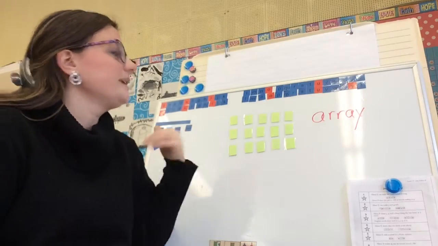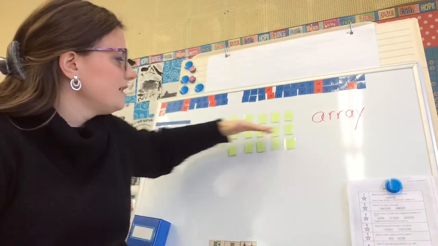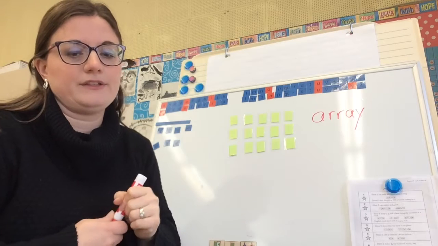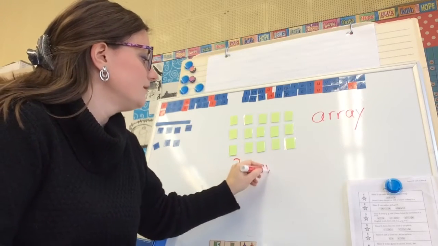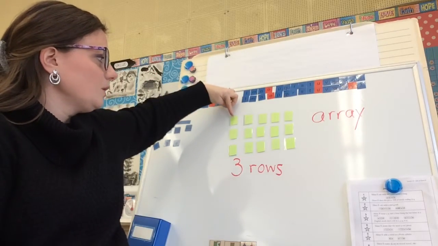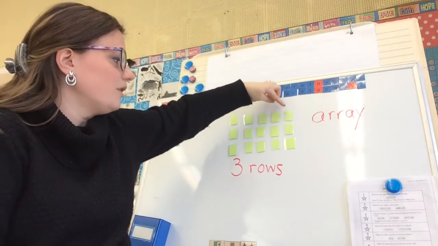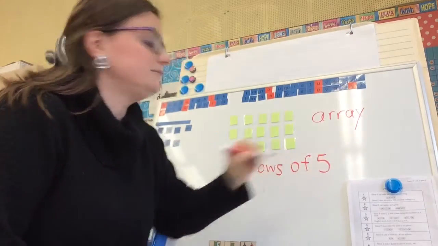Now, who can tell me how many rows do I have? Rows go across. How many rows do I have? Okay, I have 3 rows. And how many are in each row? 1, 2, 3, 4, 5. So I have 3 rows of 5.